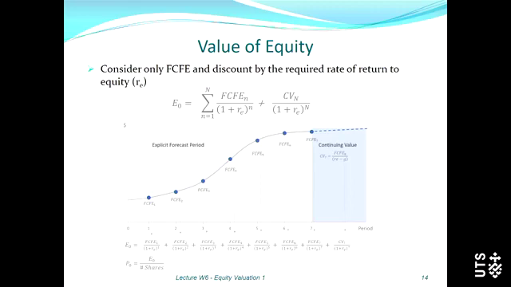That will be the sum of free cash flows to equity between period 1 and the end of the explicit financial period, in this case 7, plus the continuing value, discounted also at the expected rate of return by shareholders.